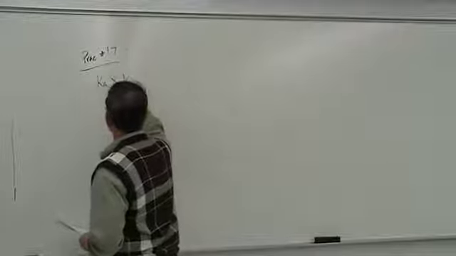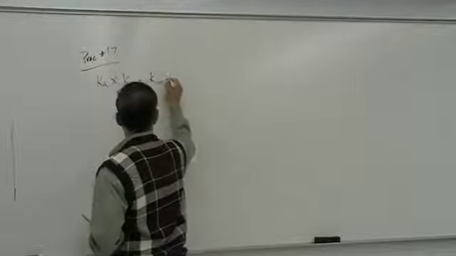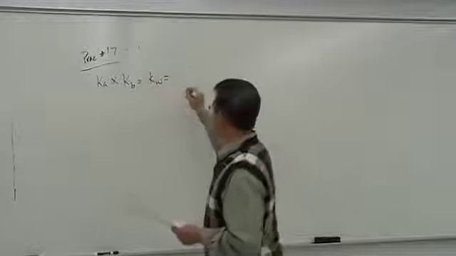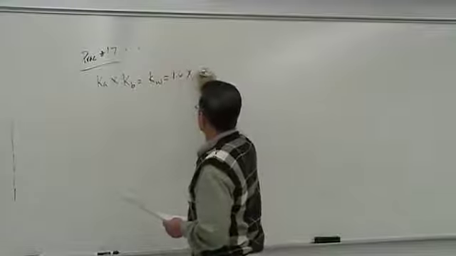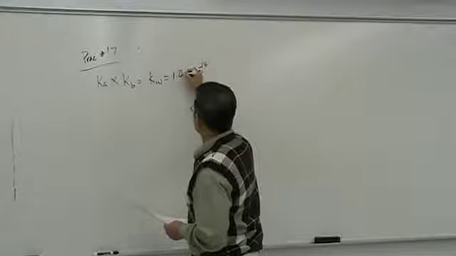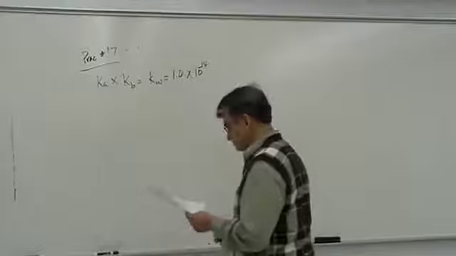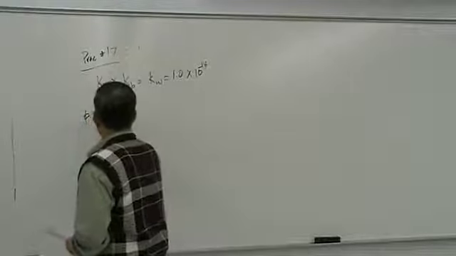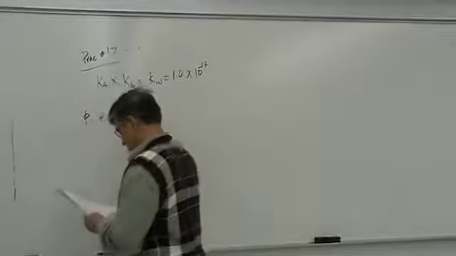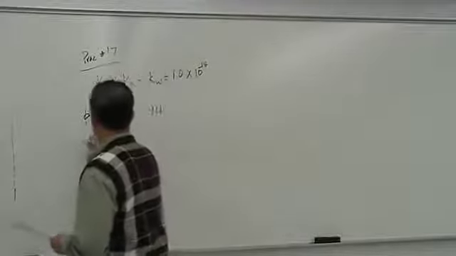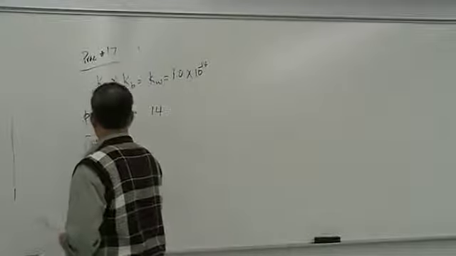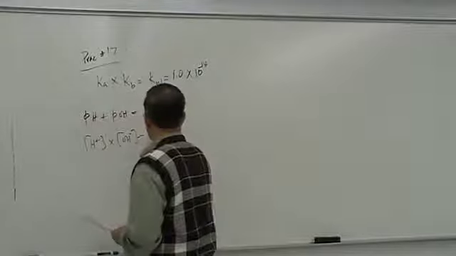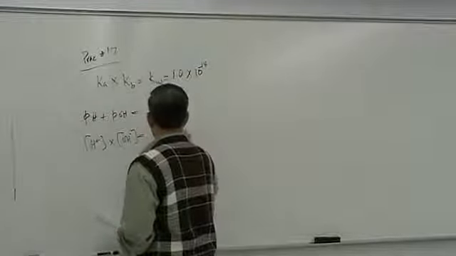Ka times Kb equals Kw, which is the water dissociation constant, or equilibrium constant for water, which is 1.0 times 10 to the negative 14. pH plus pOH equals 14. H plus times OH minus equals 1.0 times 10 to the negative 14.